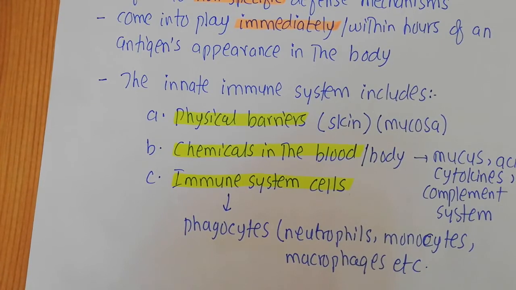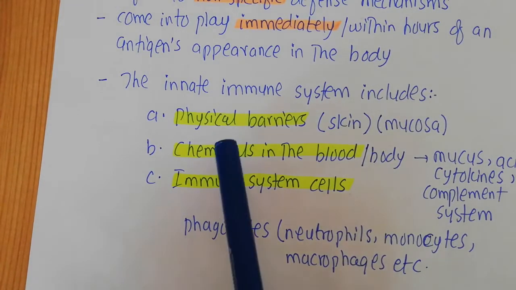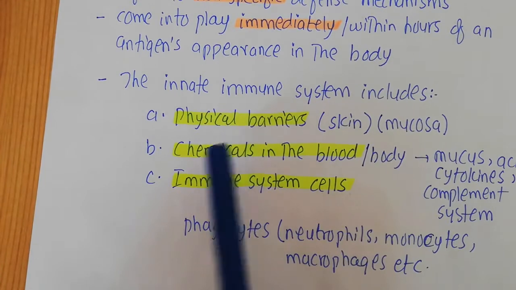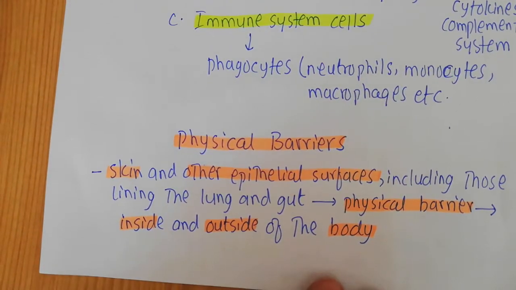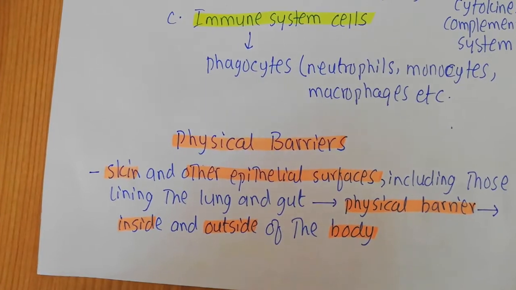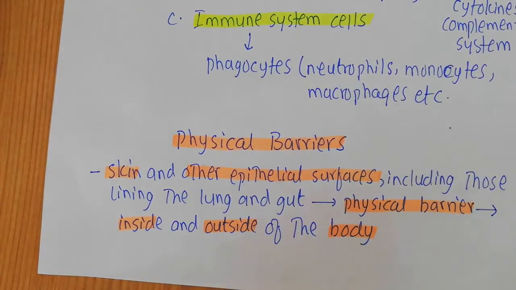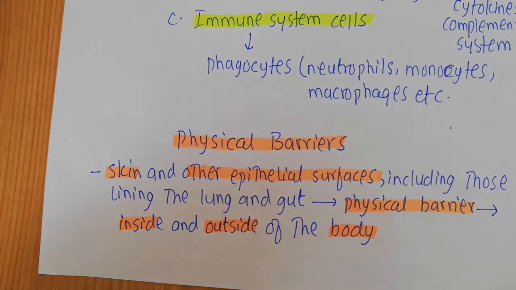In the previous video I had a detailed discussion on these physical barriers, and I'll share the link in the description. I told you that the skin and the other epithelial surfaces work as a physical barrier, separating the inside and outside of the body.